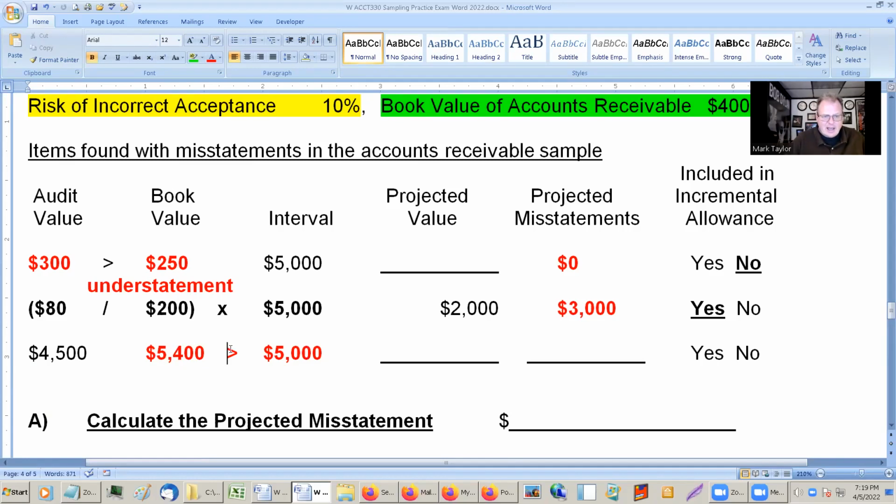Now, if this is the case, we don't do the ratio thing here. Instead, we just take the actual misstatement because it'll be higher. So that would be 5,400.